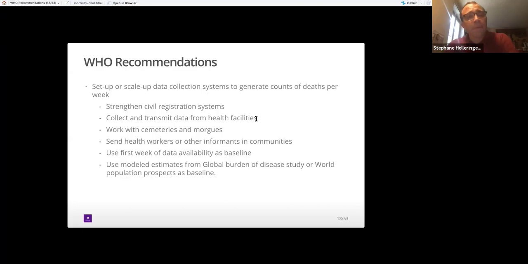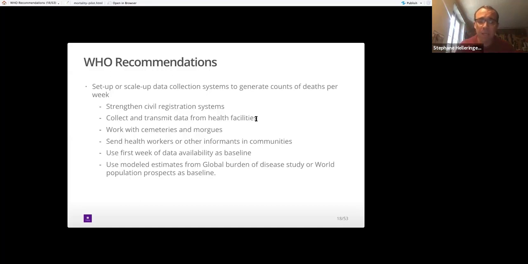So faced with those problems, the World Health Organization has recently given some recommendations about how to try and track excess mortality during the course of the pandemic in low and middle income countries. Their recommendations boil down to trying to set up or scale up data collection systems that generate counts of deaths per week.